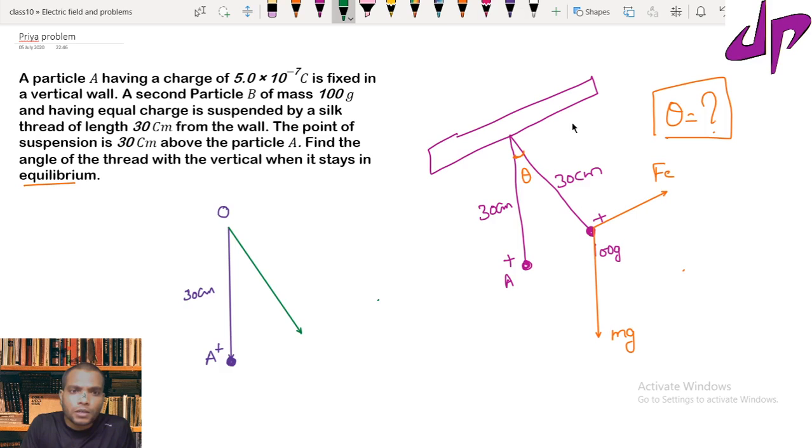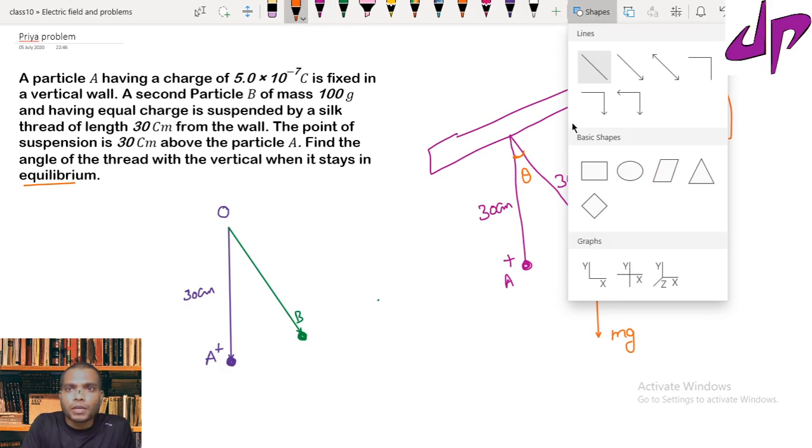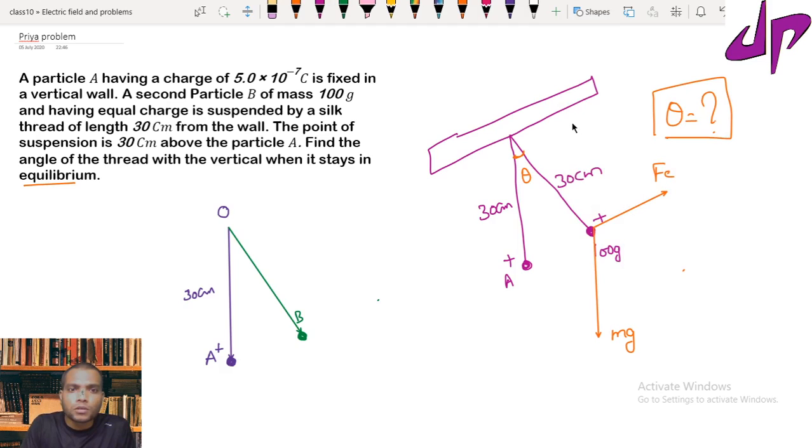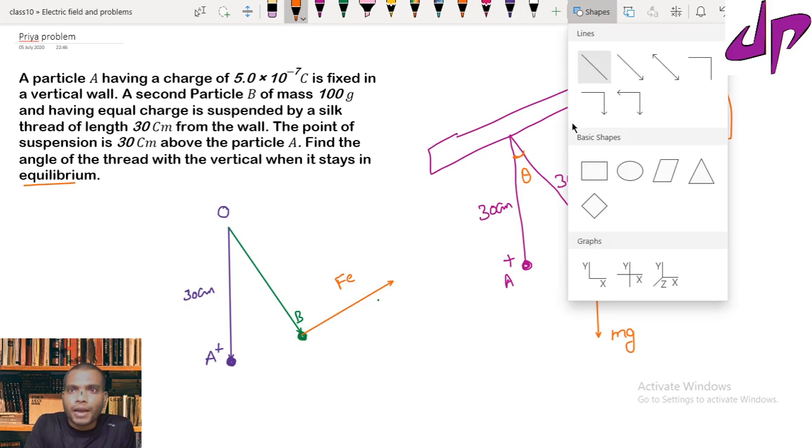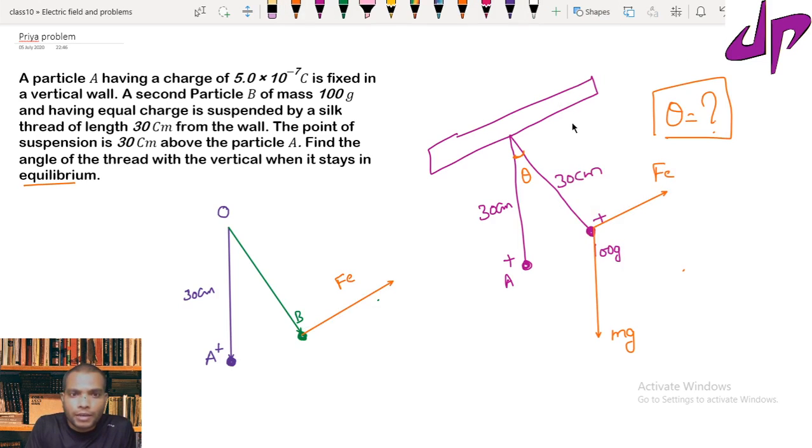Now this particle is also having the same charge plus Q. So this is particle B. So I would like to show the Coulomb force. The Coulomb force will act in this direction, Fe, and gravity also acts in the downward direction. The mg will act in the downward direction.